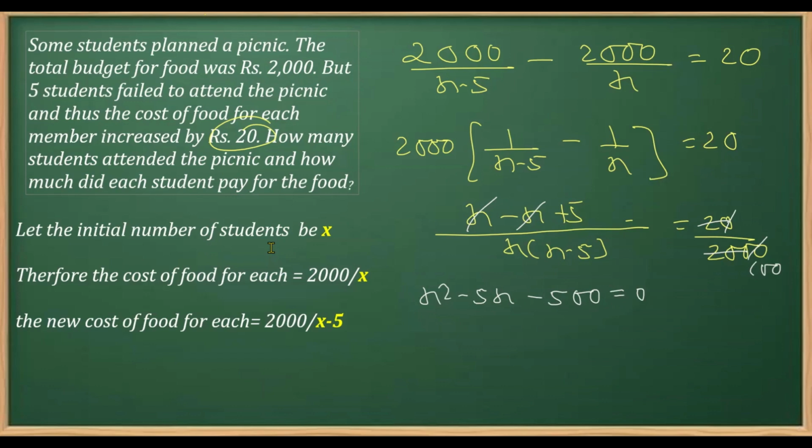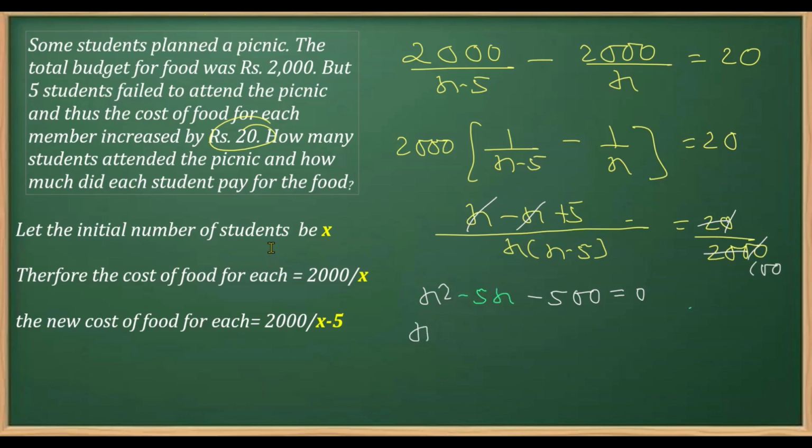So from the factors of 500, I have to get 5. So what should be the factor here? 500, right? Then we have to do prime factorization. Let's say if we go by 500 divided by 25, and then 500 divided by 20. Yes, we got 25 and 20. So this is what I'm going to do here. I'm going to split this minus 5x into 2 terms.